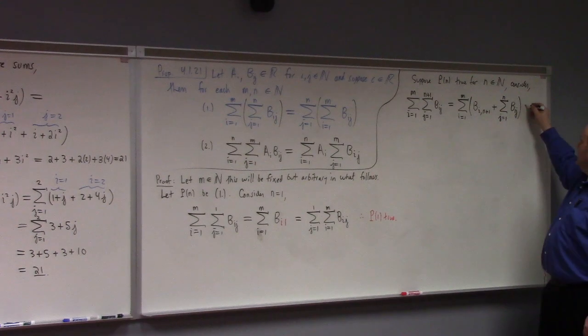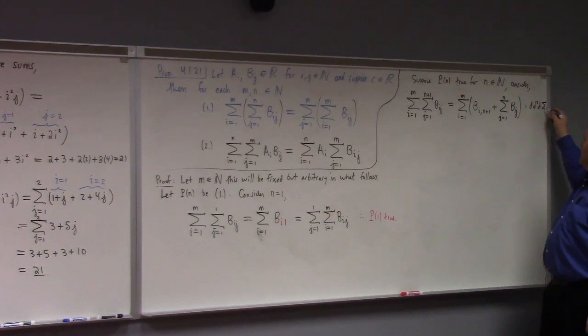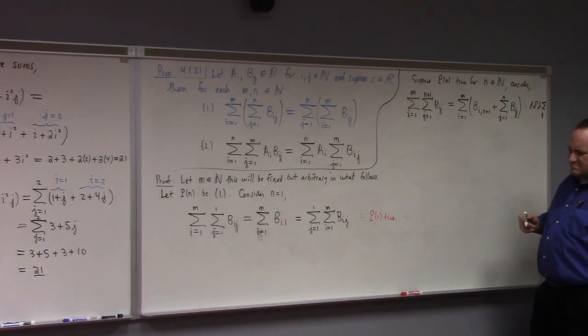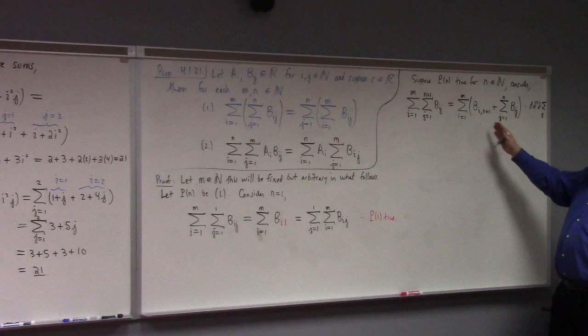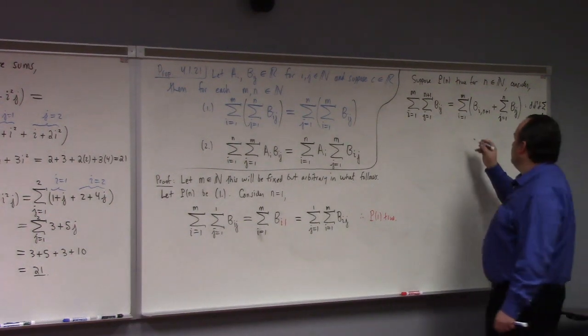But this is the definition of what? The finite sum over j. And then what can I do?